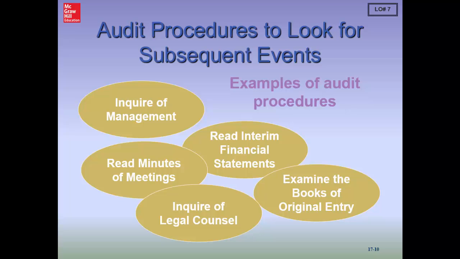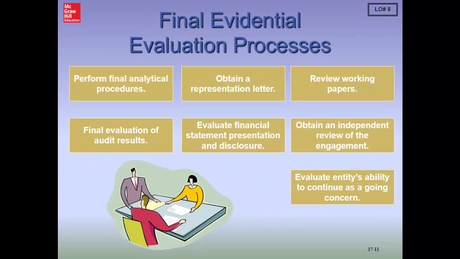Chances are something actually took place. We want to read the minutes of the board meetings, inquire of legal counsel, and examine the books for original entries. Certainly we'd be looking for manual journal entries that occurred in the subsequent period, and we would be looking for things that are significant, and we would follow this up with inquiries of management.